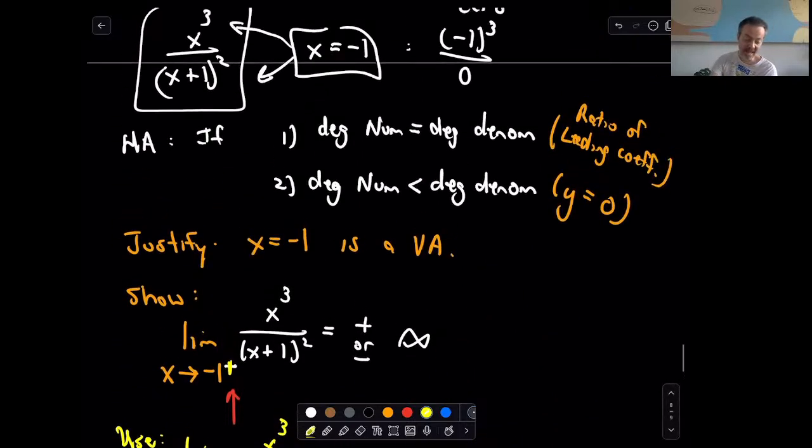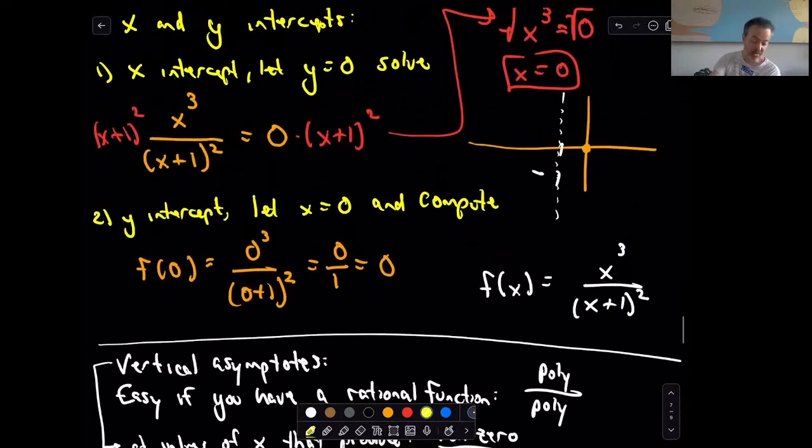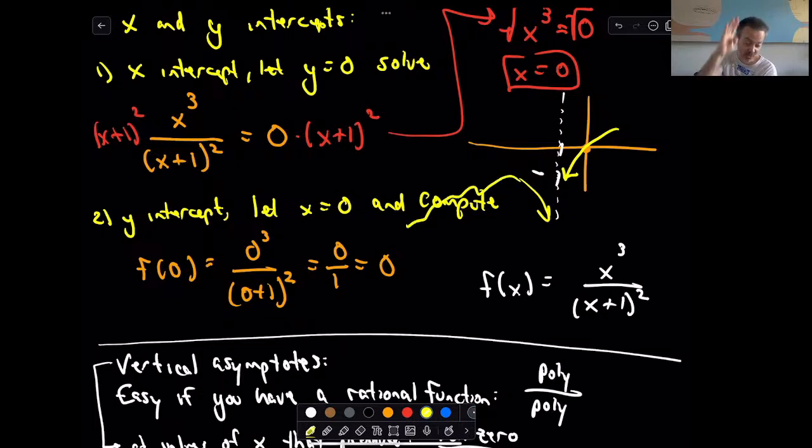So as I approach -1 from the right, my graph should be going down. And you could justify that it does the same thing from the left as well. I know my graph doesn't cross the x-axis over here because I would have found another x-intercept. So my graph has to stay in that bottom left quadrant.